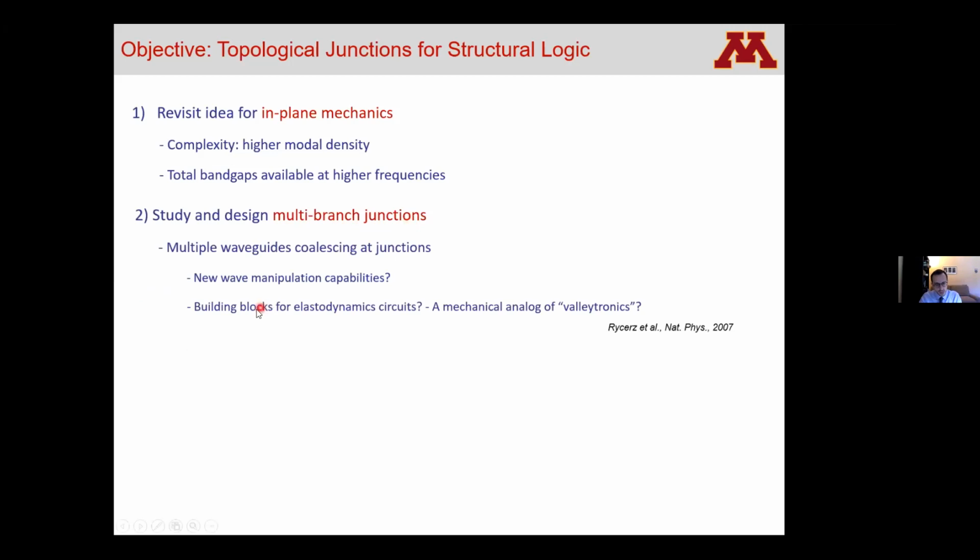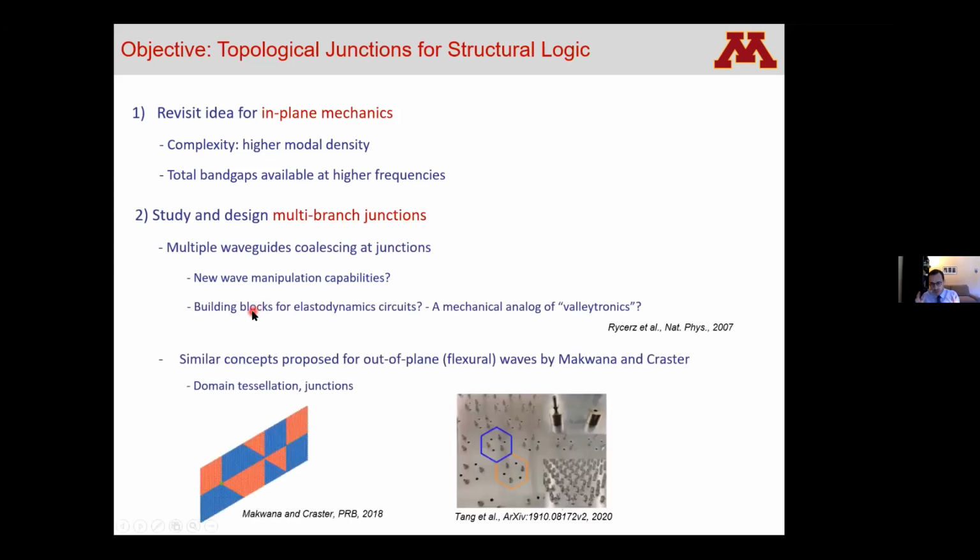And some of you may be familiar with similar research along similar lines in the group of Richard Craster at Imperial College, where they also work with the idea of performing interesting tessellations of lattice domains and working with different junctions. In their case, they were, again, focusing on out-of-plane motion, so flexural waves, while our focus is on in-plane mechanics.